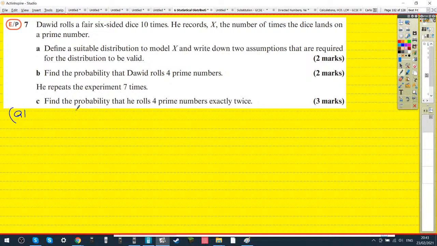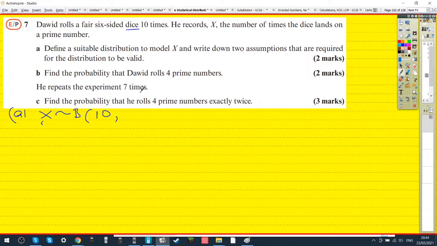So would it be a binomial distribution? Yeah, X is binomially distributed. And then is it 10? Yeah. And then, well, would it be prime numbers then? So what are the prime numbers on a dice? Between 0 and 10? No, on a dice. 2, 3, and 5.